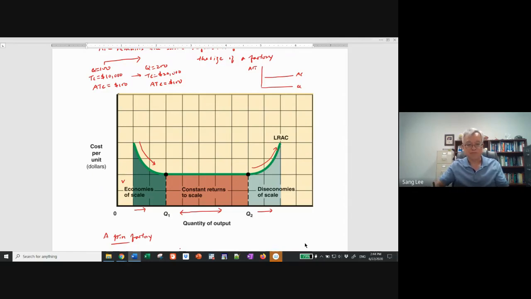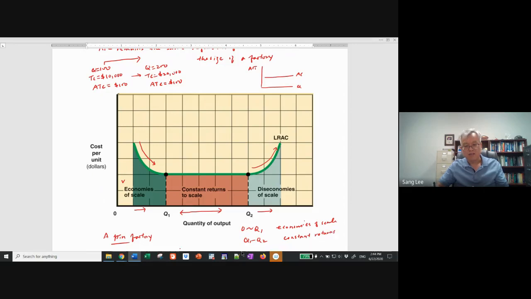So between 0 and Q1, we have economies of scale. Between Q1 and Q2, constant returns to scale.